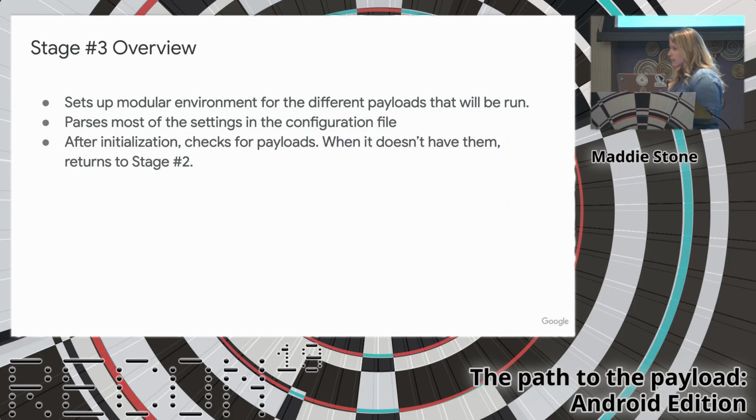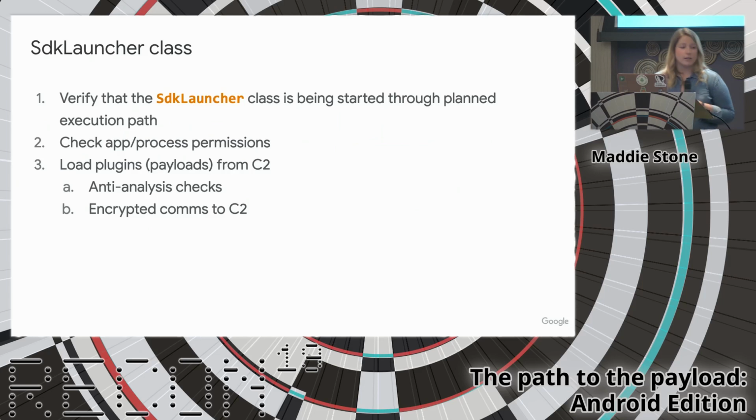But in this case, since we can consider it the first run of the application, when they discover they currently don't have any payloads yet, they actually return back to stage 2, the jar that we were just looking at. And so once we return back to stage 2, we then go into the SDK launcher class.